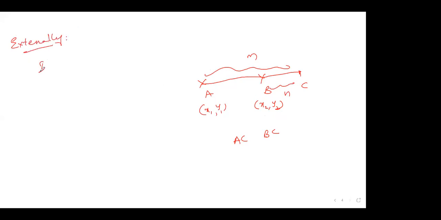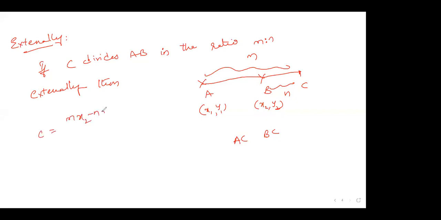Externally, if C divides AB in the ratio m is to n externally, then C equals the same formula: (m x2 minus n x1) by (m minus n), (m y2 minus n y1) by (m minus n).